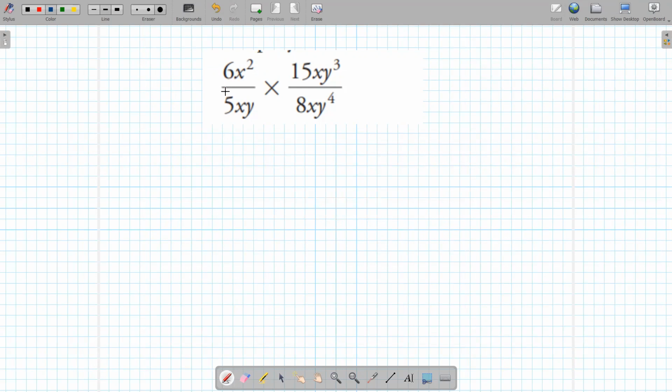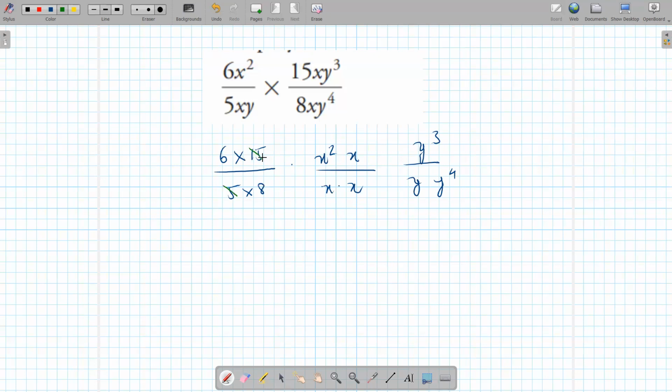Again, you don't have to do this, but the ideal way is I'm going to group up all the numbers, the constants. I'm going to group up the x's, and I'm going to group up the y's. Then it becomes much easier to see what it is, right? Like that.